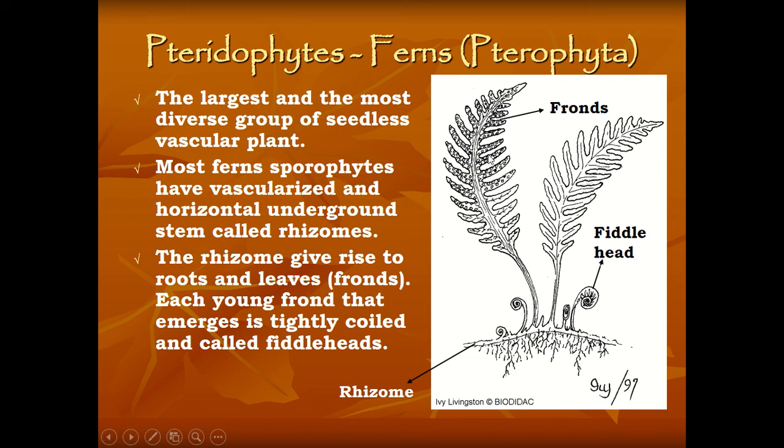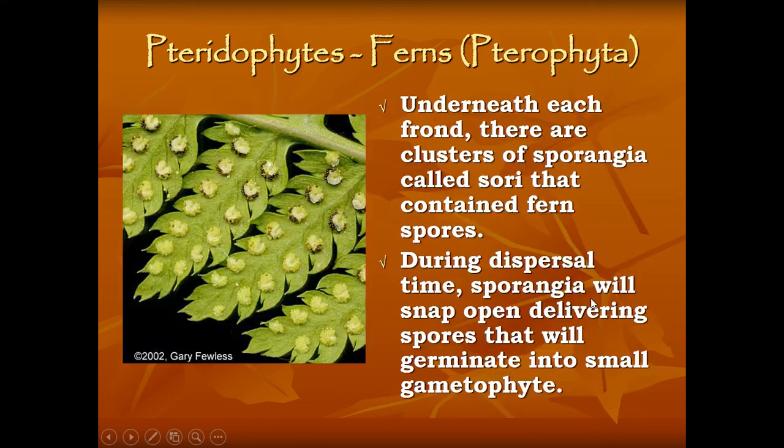Each of the young fronds that emerge is tightly coiled, and they are known as fiddleheads. Underneath the leaf or the frond, there is a cluster of sporangia called sori, and each of the sori contains fern spores.